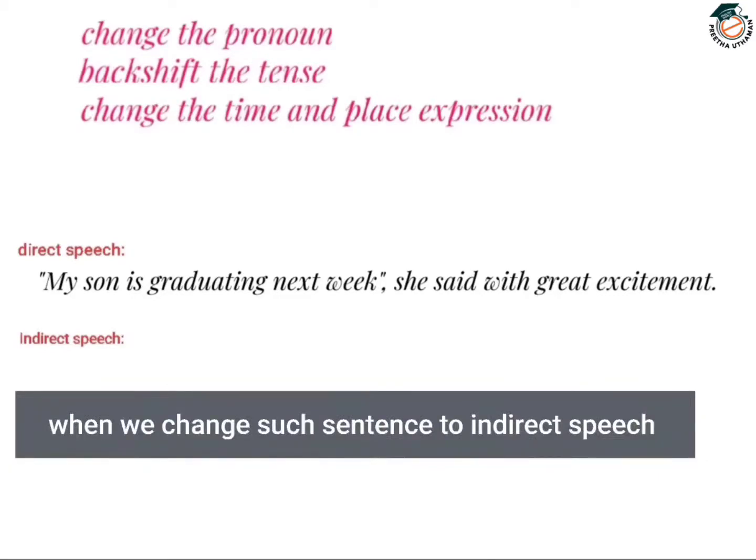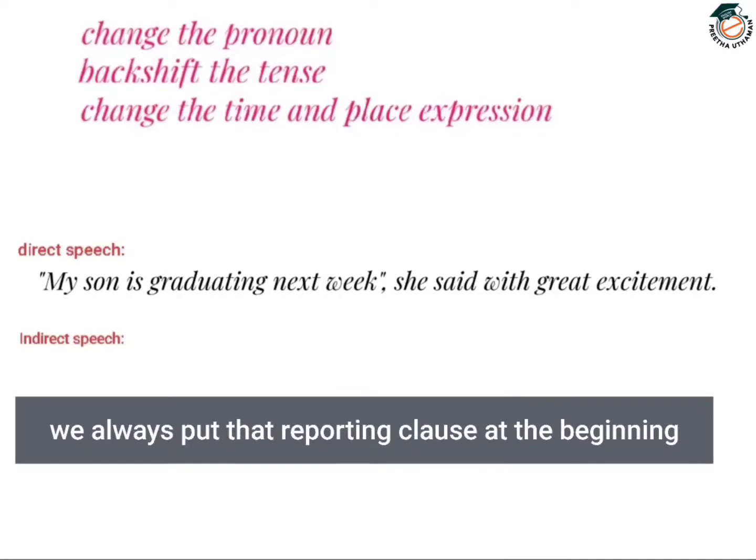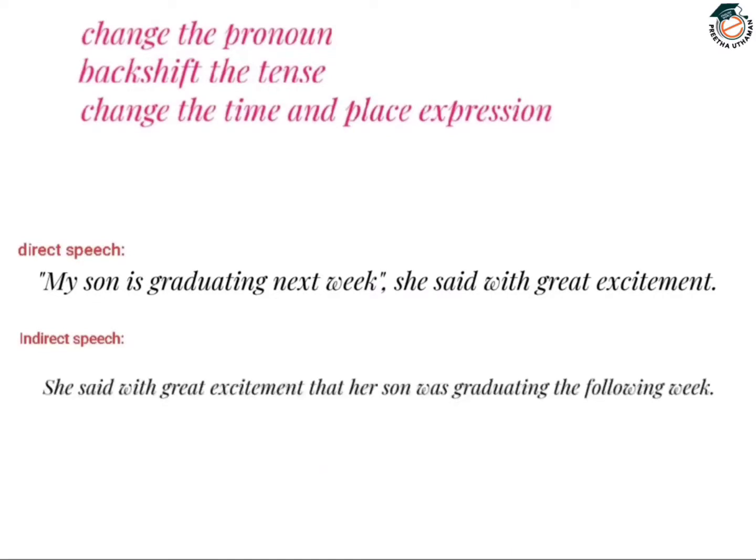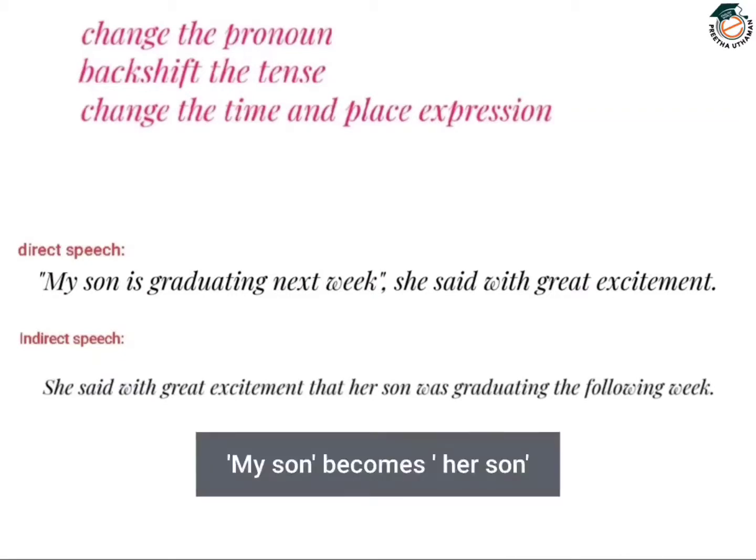When we change such a sentence to indirect speech, we always put that reporting clause at the beginning. The answer is, she said with great excitement that her son was graduating the following week. My son becomes her son, change the pronoun.